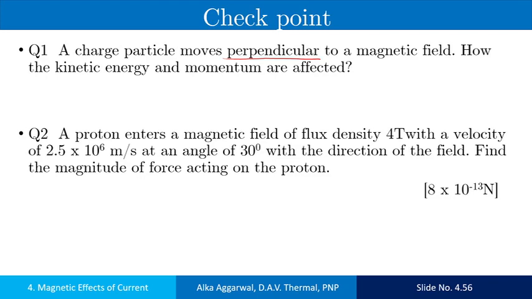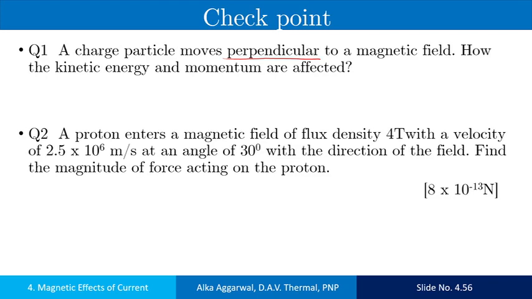Since the angle is 90 degrees, the work done is 0. As the work done is 0, the magnetic force only changes the direction of motion, that is the velocity, not the speed. So there is no change in the kinetic energy, but the momentum changes. Work done by the magnetic force is 0.